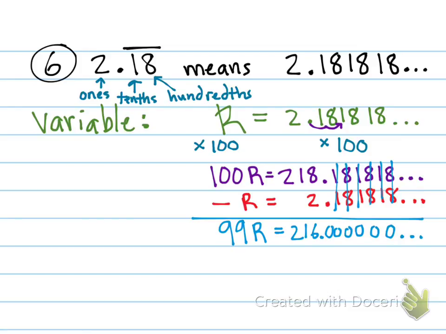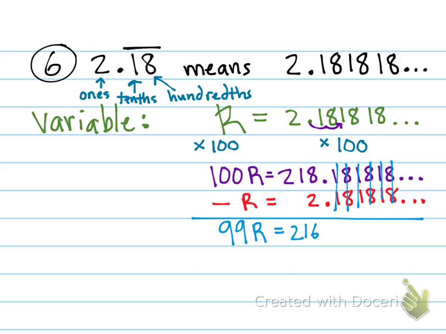An 8 minus an 8 is 0, and a 1 minus a 1 is 0. So all of those repeating digits to the right of the decimal are going to turn into zeros. And then 218 minus 2 is 216 before the decimal. Those repeating zeros after the decimal do not change the value, so that just equals 216.